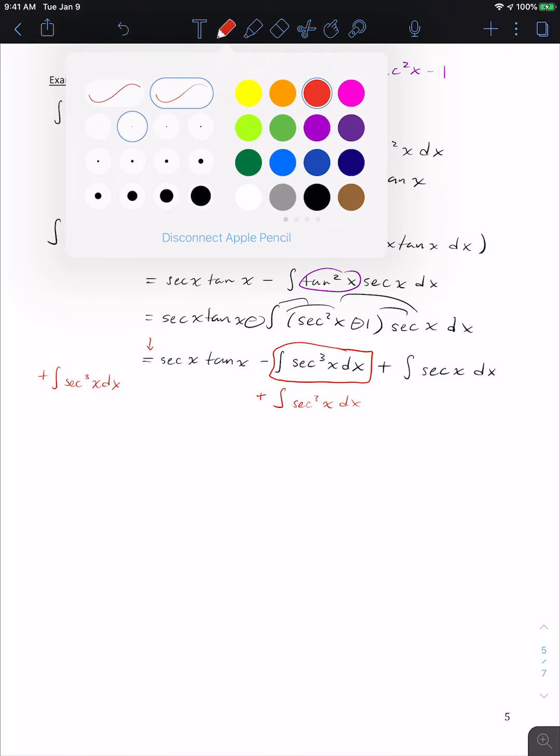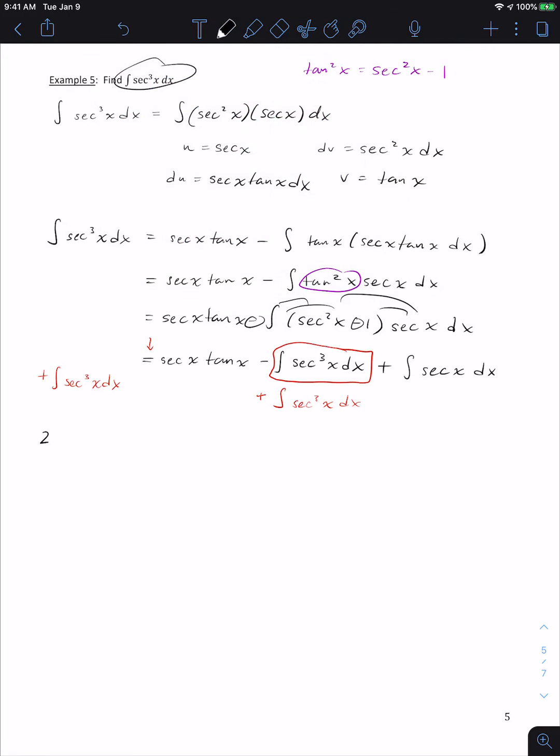And if I do that, then I get 2 times the integral of secant cubed x dx. And what am I left with on this side? Secant x tangent x plus the integral of secant x dx.